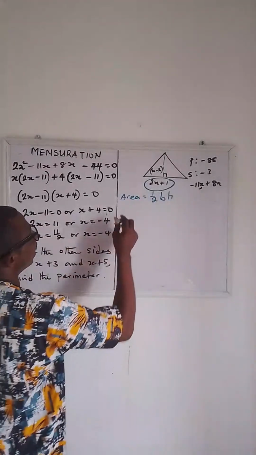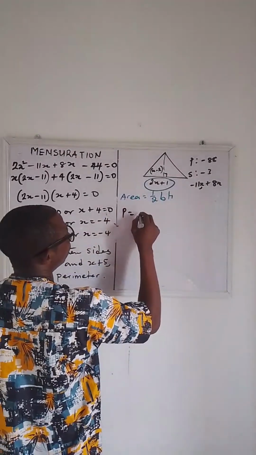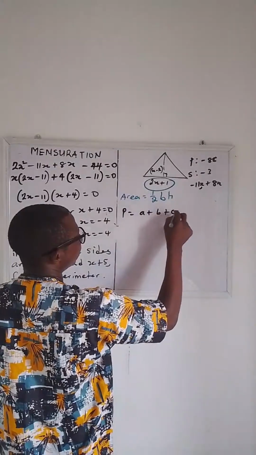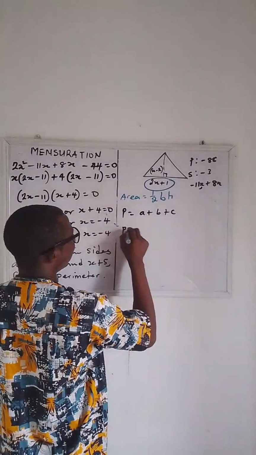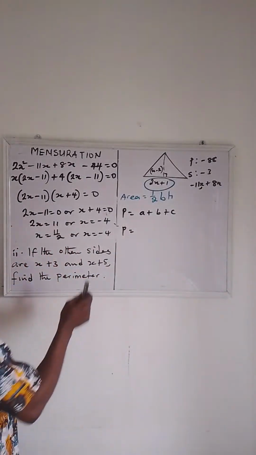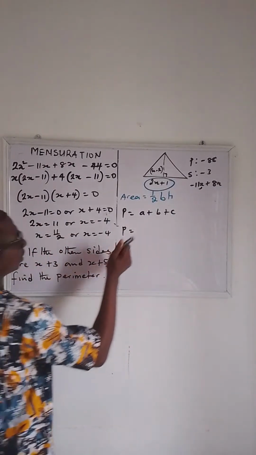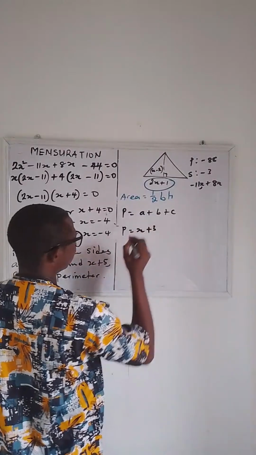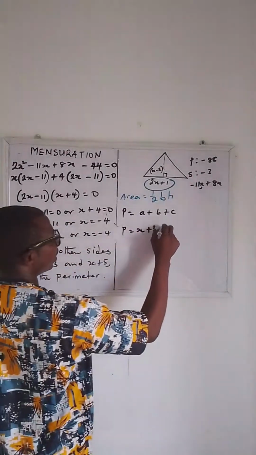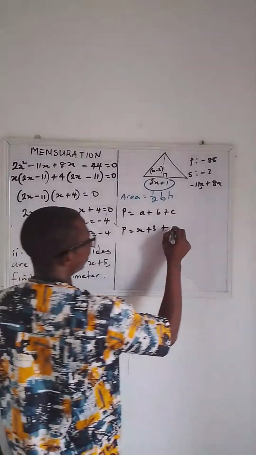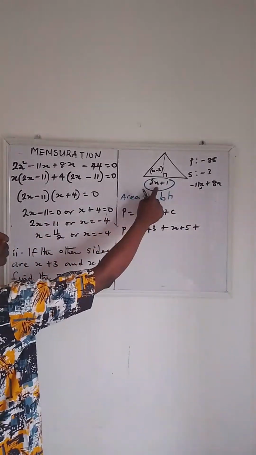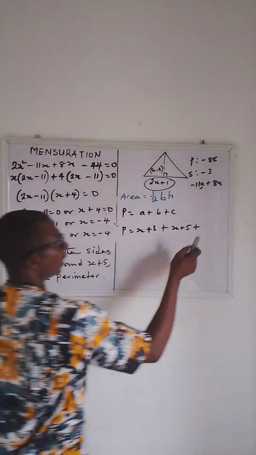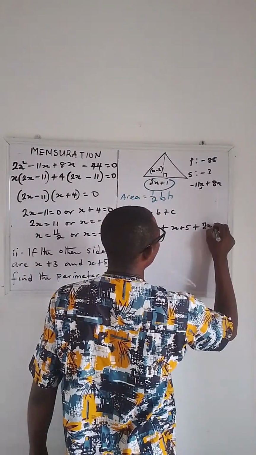The perimeter equals A plus B plus C, the 3 sides of a triangle. So perimeter equals the first side, x plus 3, plus the second side, x plus 5, plus the third side, which is the base, that is 2x plus 1.